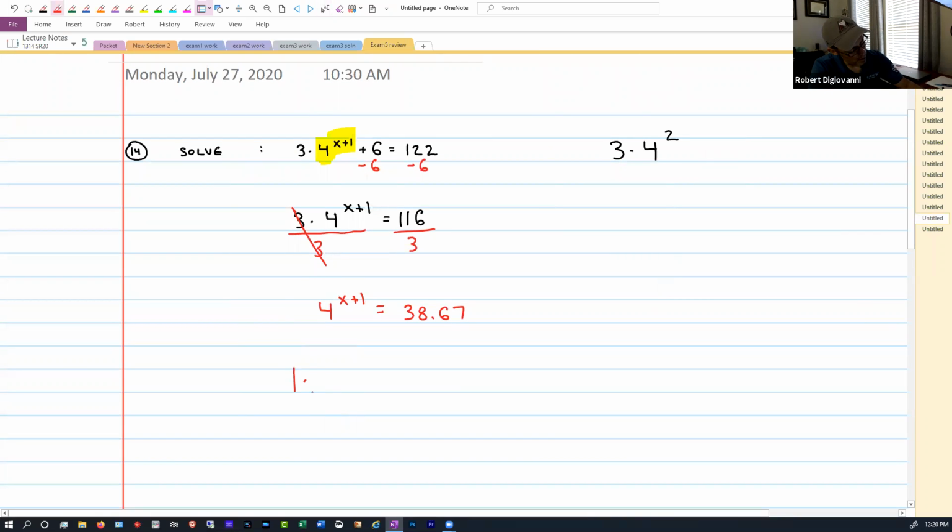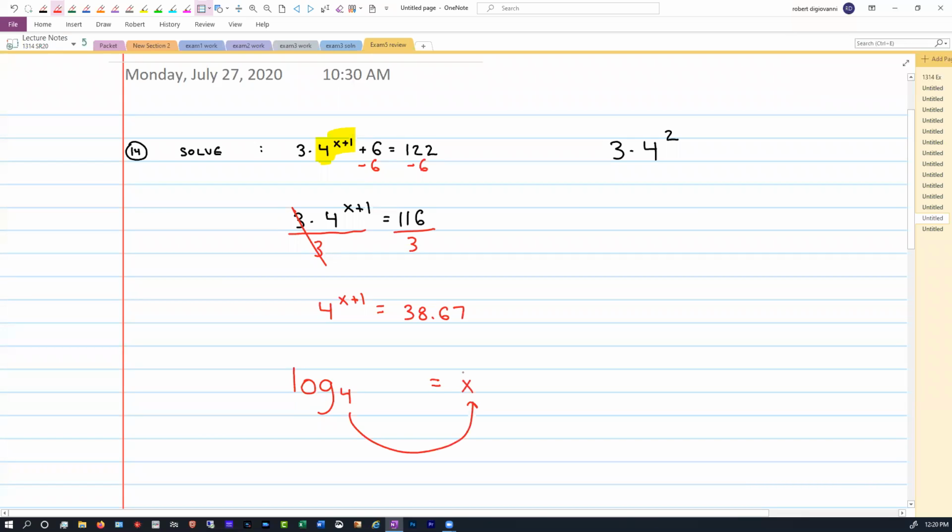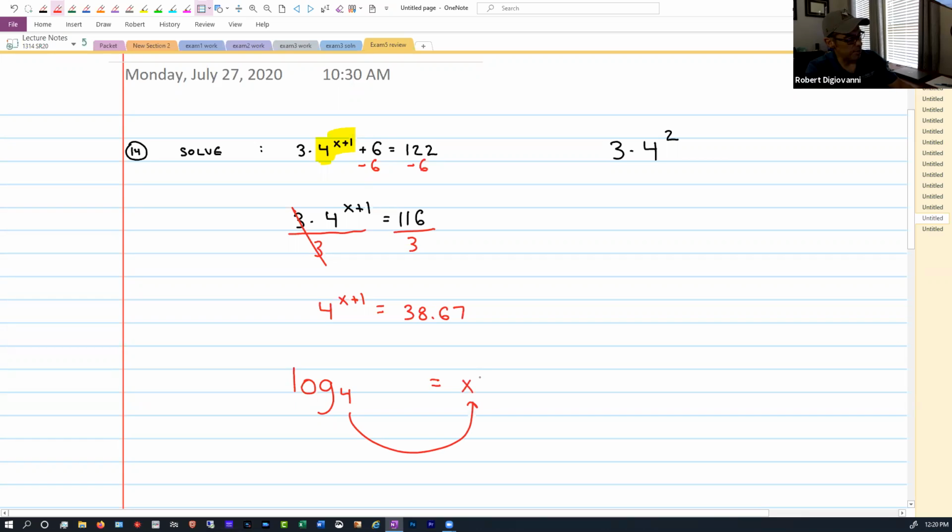We've got log. Okay, what is the base? What's the thing that's being raised? 4 again, right? Okay, what is 4 being raised to? 38.67. Oh, careful, that's what it's going to be equal to, but it's being raised to x plus 1, isn't it?